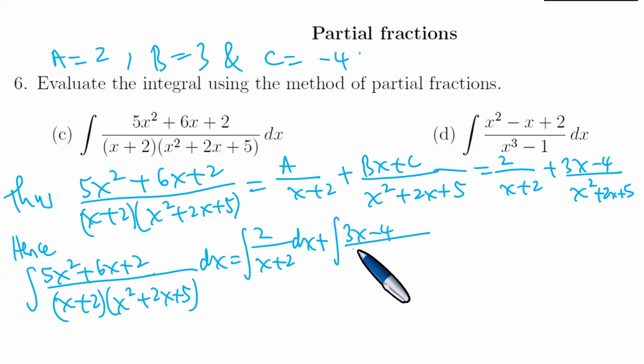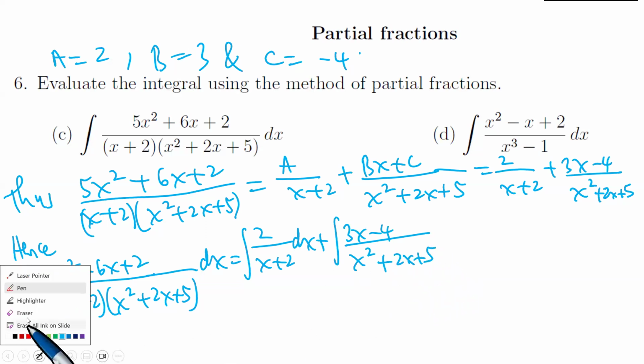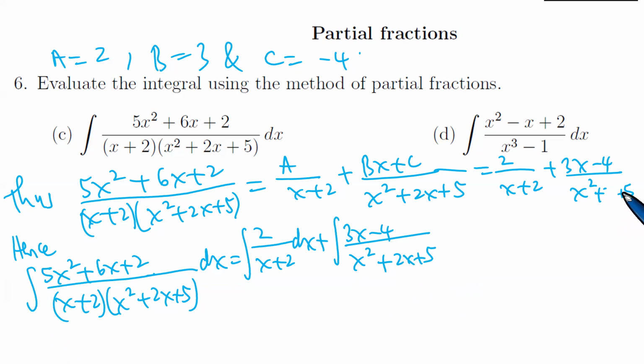We have this divided by x squared plus 2x plus 5.